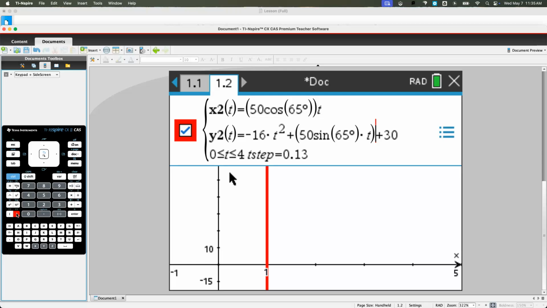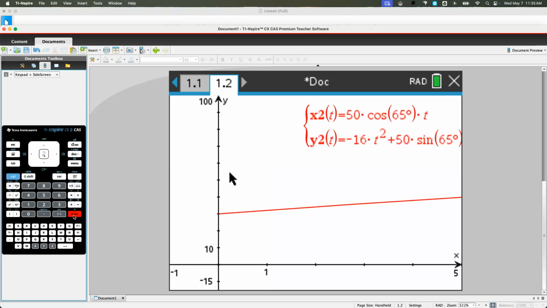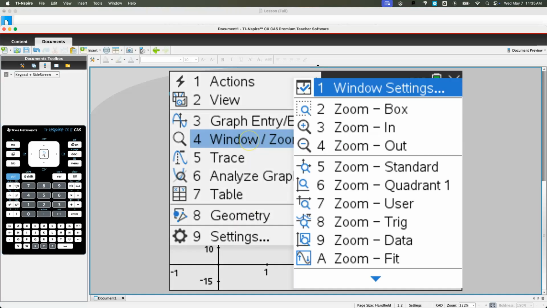Now when I hit enter, I'm going to see the flight of my ball, but I'm only going out the first 5 feet, right? This ball is now flying outwards, so I'm going to have to change my window.